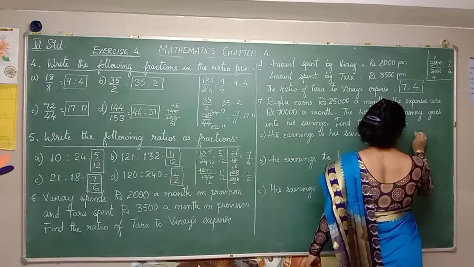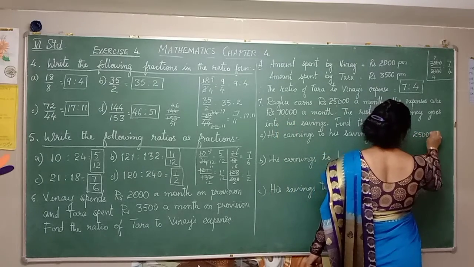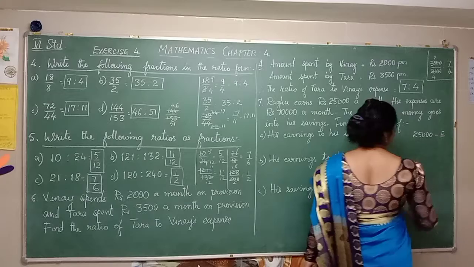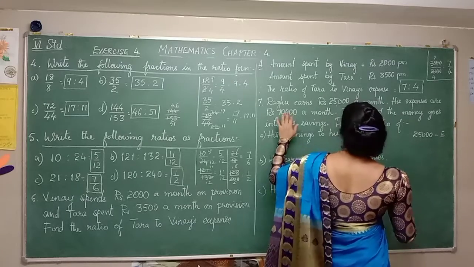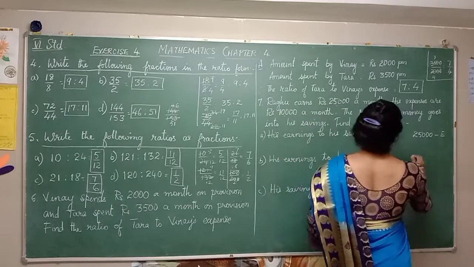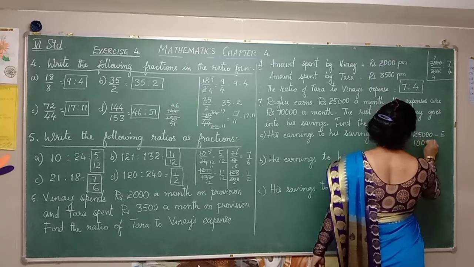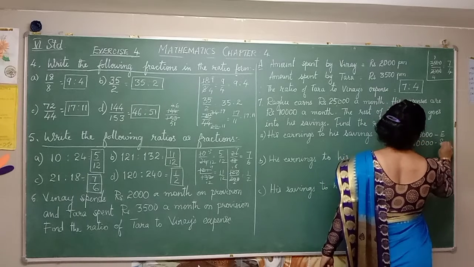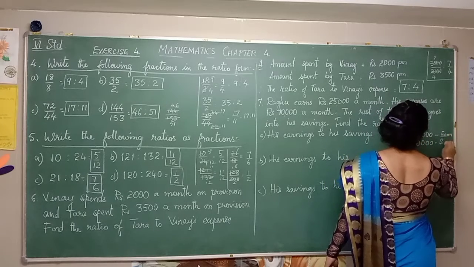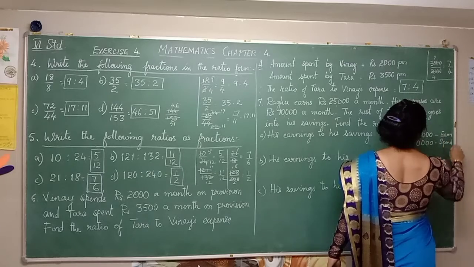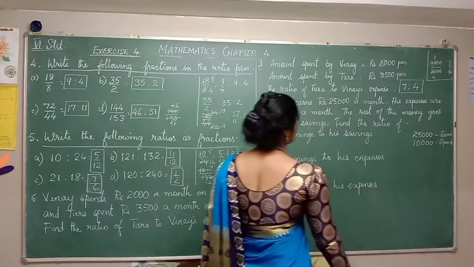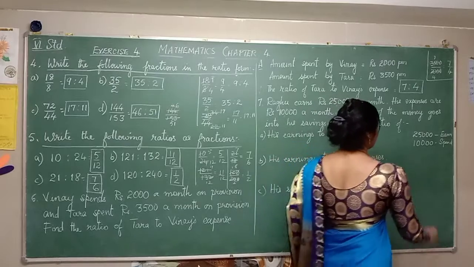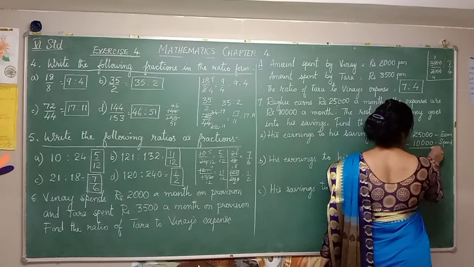So I'll write here 25,000 is his earning, right? And spending is how much? 10,000. This is earn. This is spend. Got it? Then savings. How to find out the savings? You have to minus this.